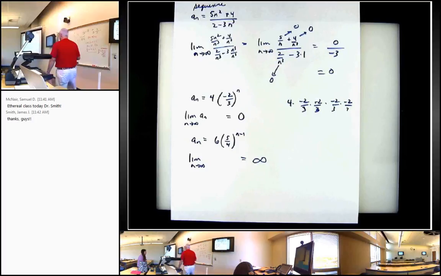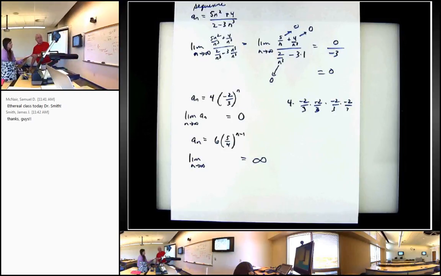No, because this is the convergence test. If the limit of a_n as n goes to infinity doesn't equal 0 or does not exist, then the series diverges. It really bothers me that that's what I put, that I didn't correct that.